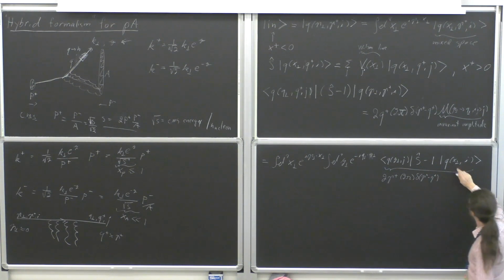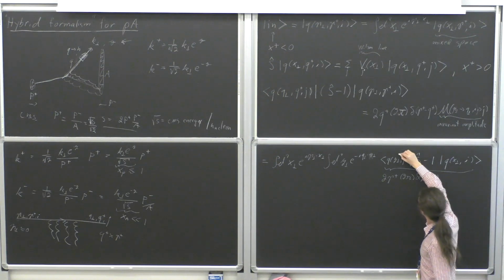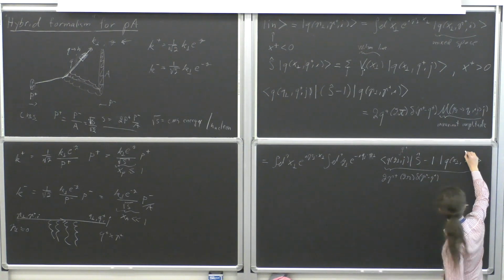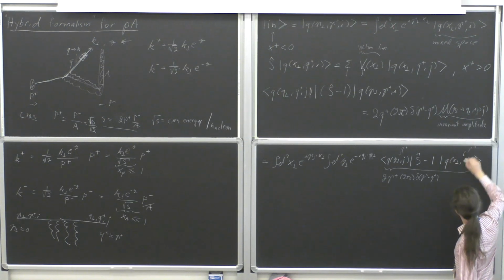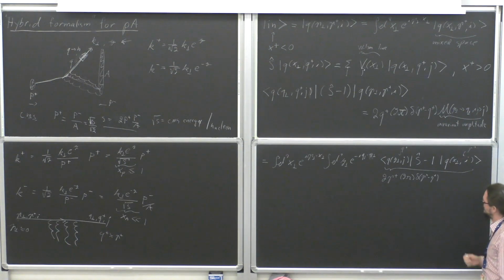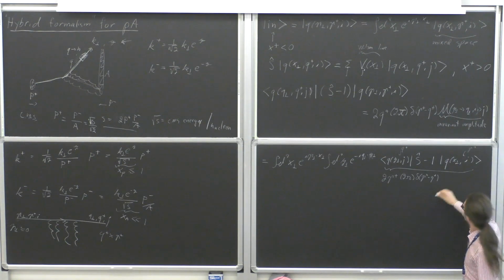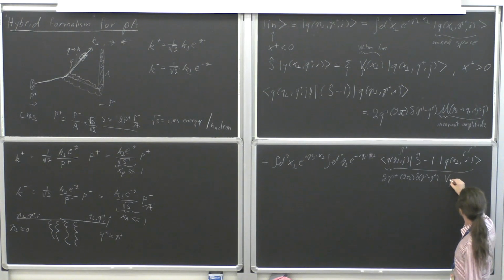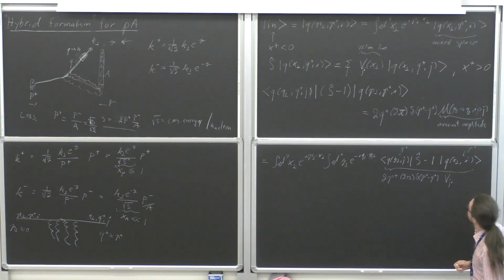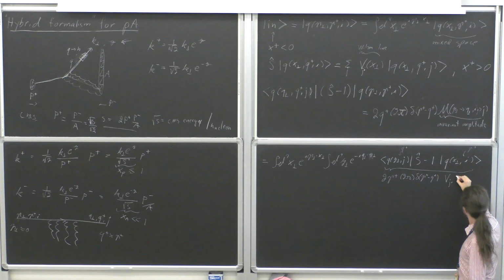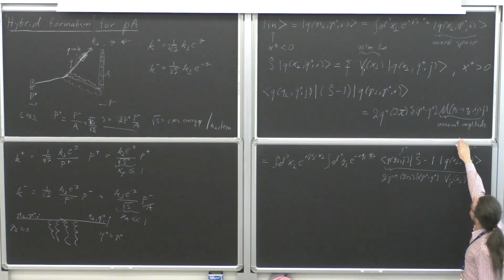Remember, here there was a q plus, here there was a p plus, and there's a momentum conservation delta function, and then B_ji at x perp.